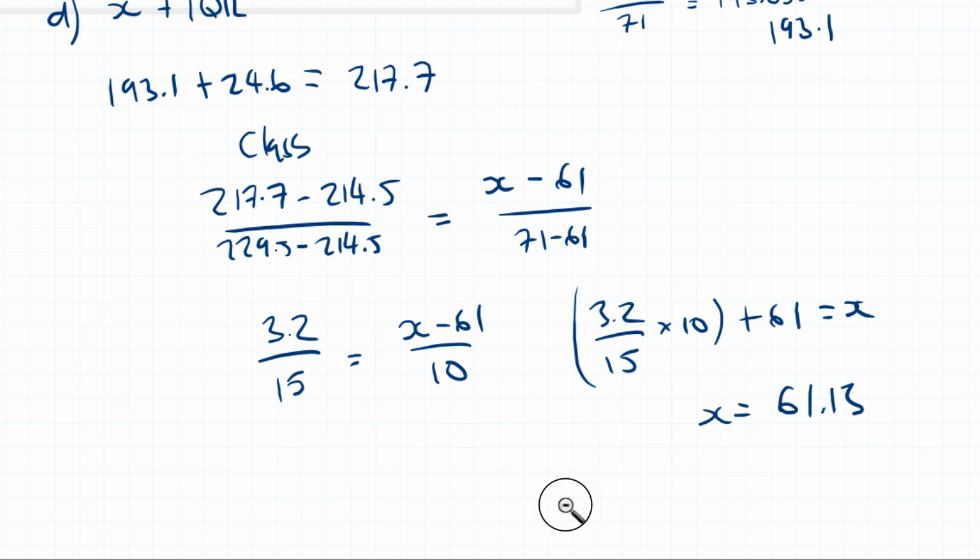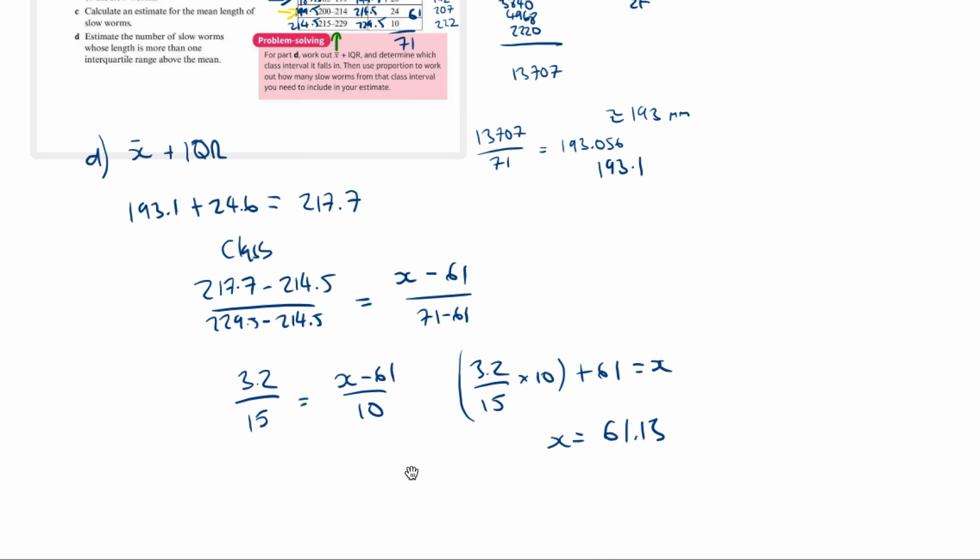Okay, so from here we know that up until the value, 63, my mistake, so it's 63.13 values. At this point, we know that 63.13 values are up until the mean plus IQR, this value here.